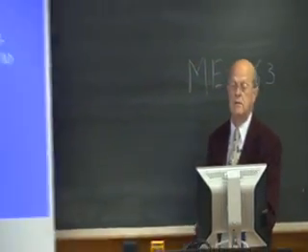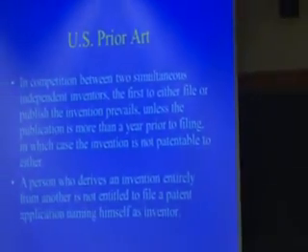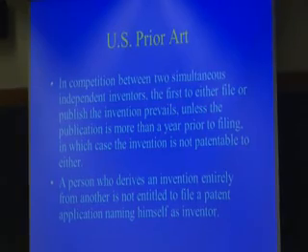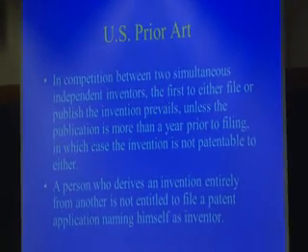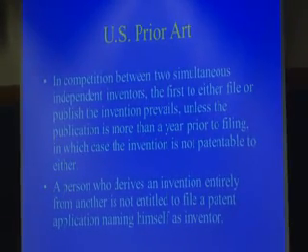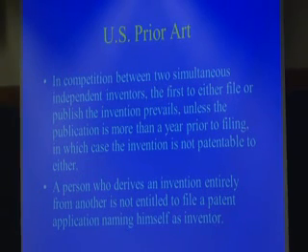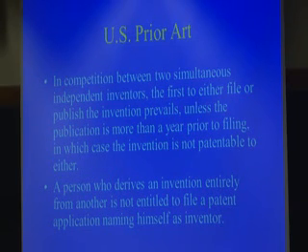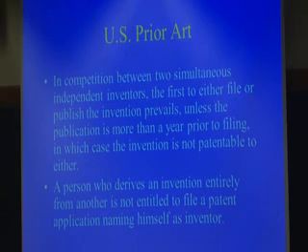In competition between two simultaneous independent inventors, the first to either file or publish prevails, unless the publication is more than a year before the filing, in which event the case is not patentable either. A person who derives an invention entirely from another is not entitled to file a patent application naming himself as an inventor.